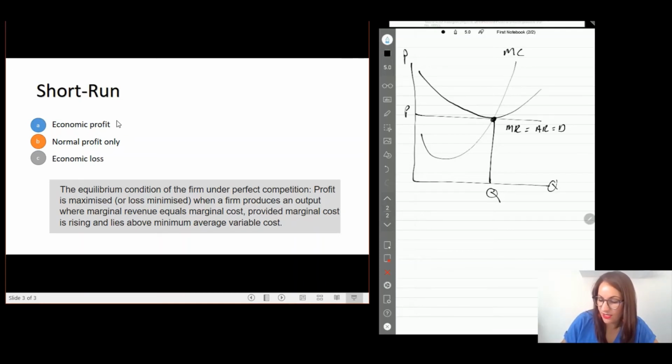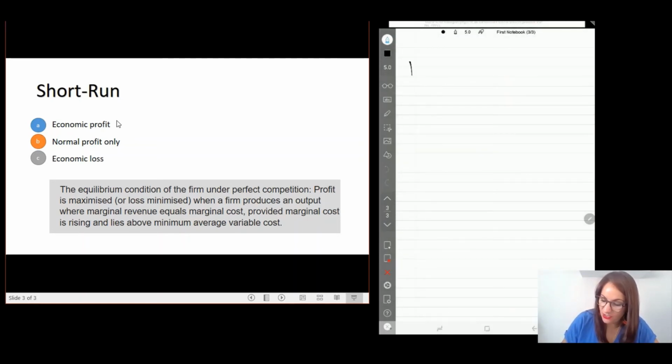So then you have your average cost curve touching your marginal revenue curve. So total revenue, price times quantity, minus total cost, P times Q, equals 0.